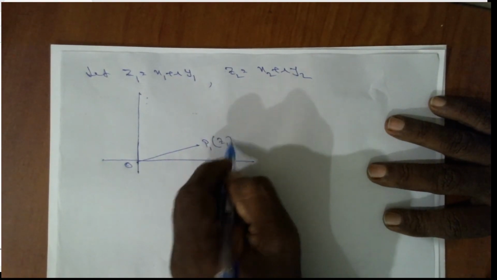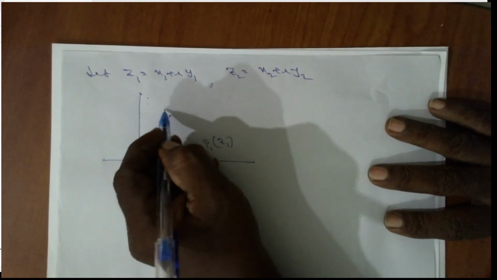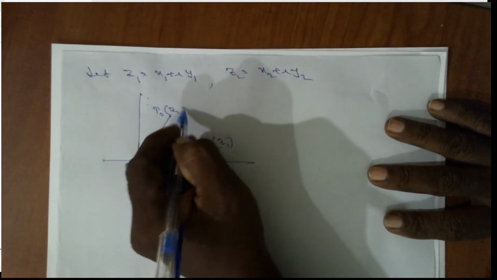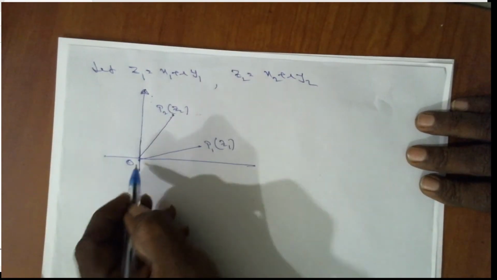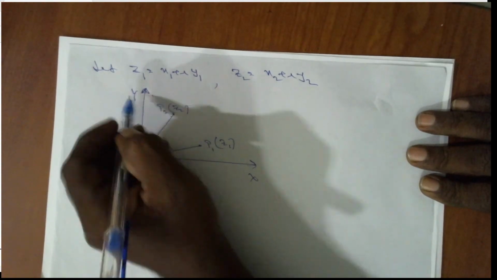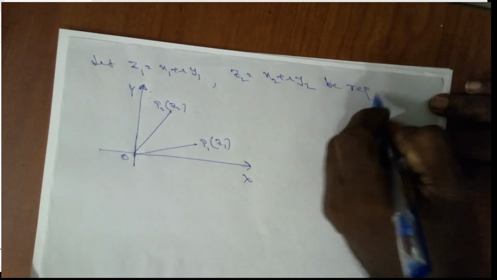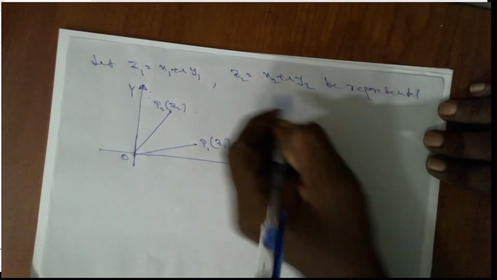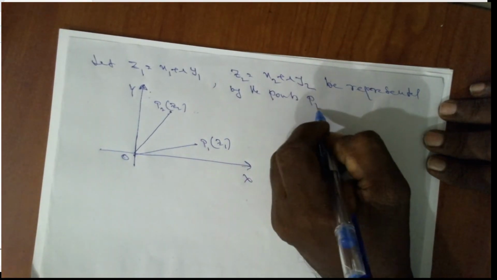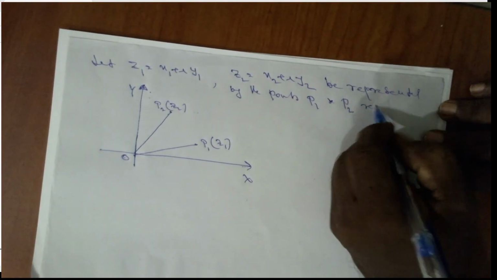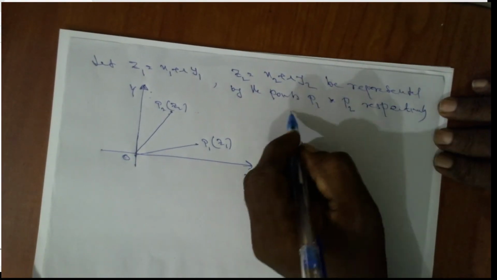So you have to take Z1 and Z2 to be represented by the points P1 and P2 respectively, right, in the Argand diagram.